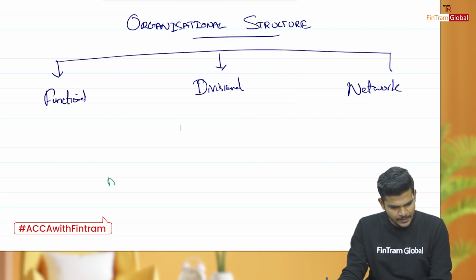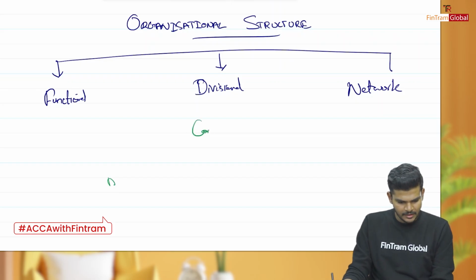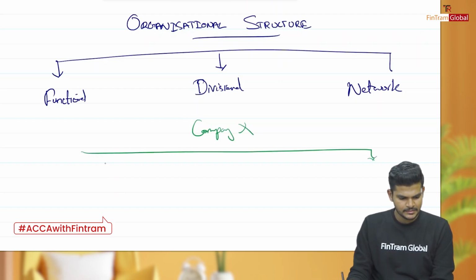Simple as that. And when it comes to a divisional structure, what's the idea? Again, we have a company X, right? And then let's say that company X is involved in multiple products.